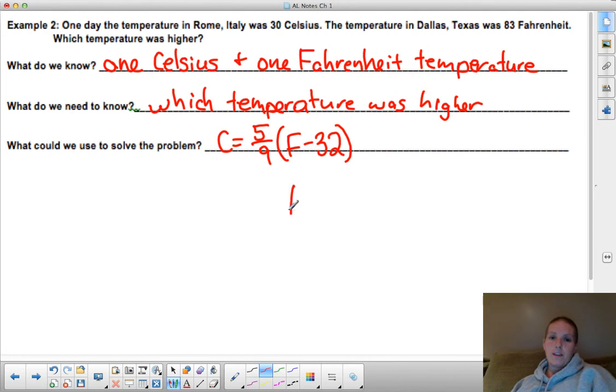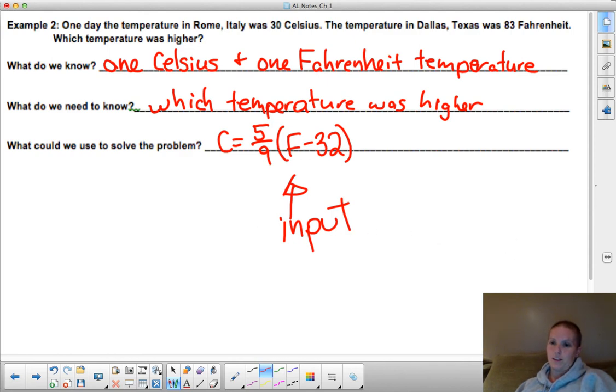Remember that this side of the problem is your input side. So we're really going to change that Dallas temperature into Celsius before we compare. Section 1.5 does not ask you to do it, just to identify what formula you would use if you were asked to do so.